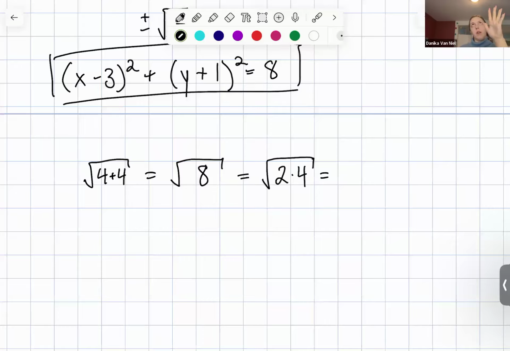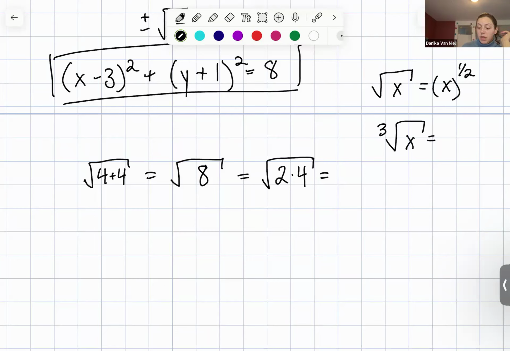So, okay, sorry, let me rewind a little bit. I was talking about exponents and now I'm talking about square roots. Remember that square root of something means that thing inside raised to the 1/2. And then cube root is the 1/3.